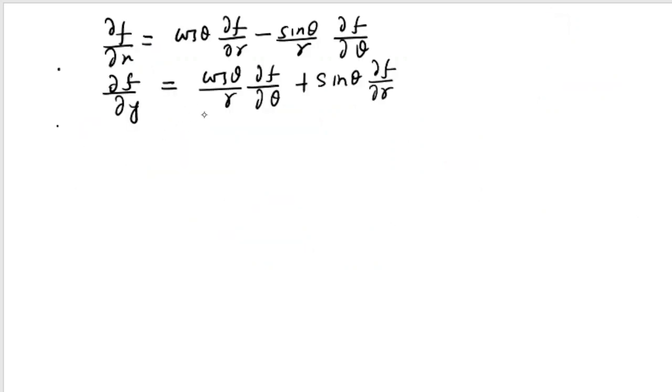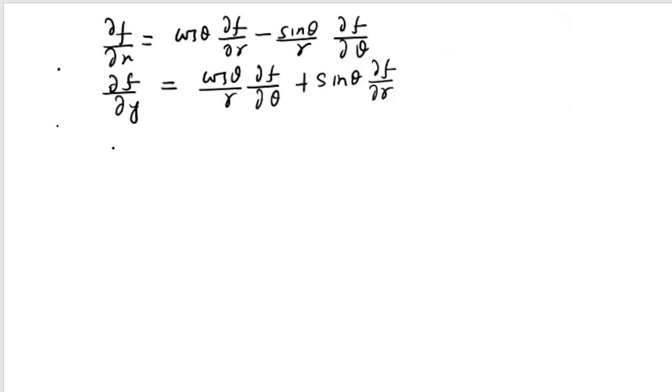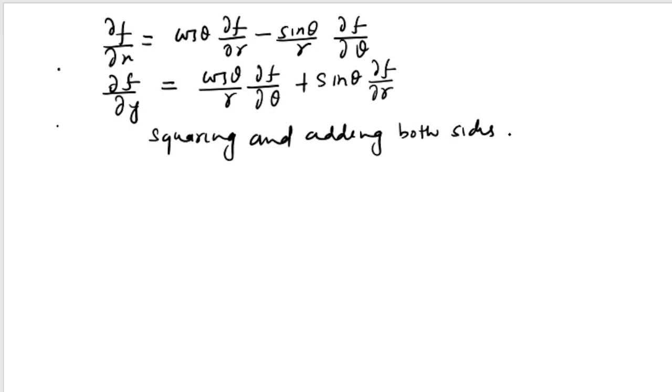And originally what I have to prove, that the square of this will add to the square of this, so I just have to square and add. So squaring and adding both sides, what do we get?